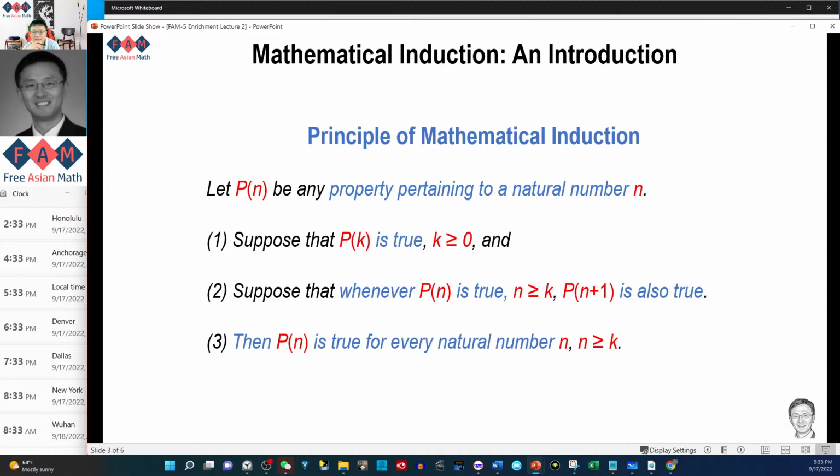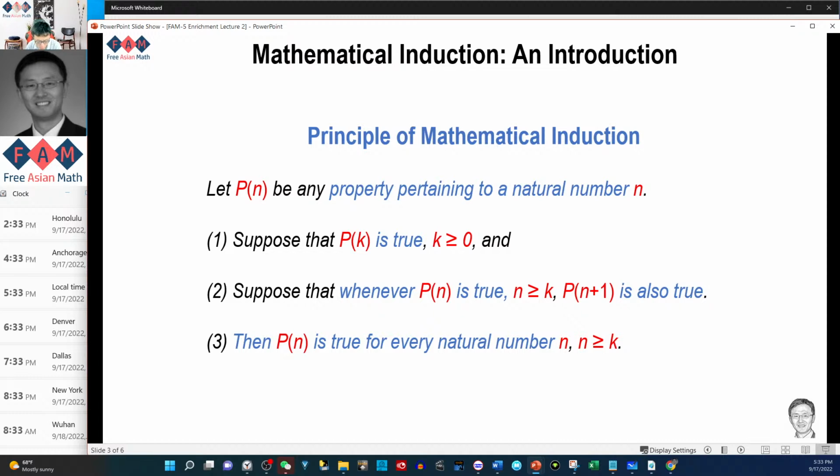But this same argument can be applied again regarding k plus 1. Because we know the property is true for k plus 1, by reapplying this number 2 hypothesis, we know the same property must be true for k plus 2, the next one, right? And once again, at that point, we can argue again by this number 2 that this property must be true for k plus 3. And you can see that this argument will never stop.